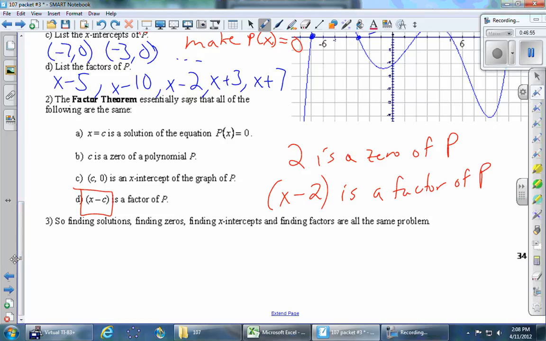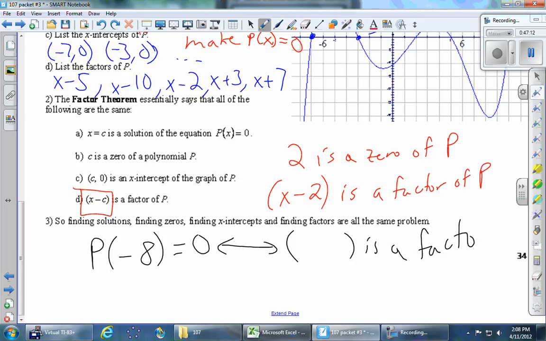What if I said p of negative 8 is 0? Can you guys write down the factor that must be in there somewhere? What factor is in there? It's x plus 8. It's x minus that number in the parentheses. Okay? Whatever value of x makes the thing 0, it's always x minus that thing that's a factor.